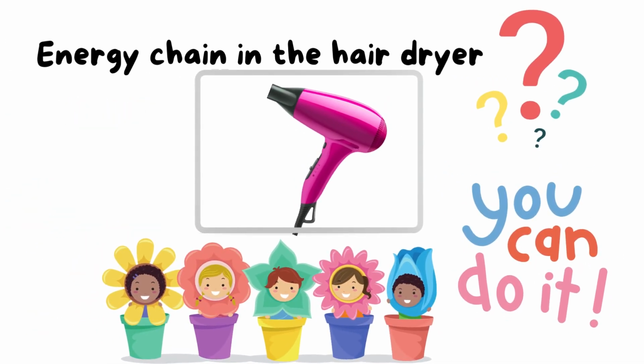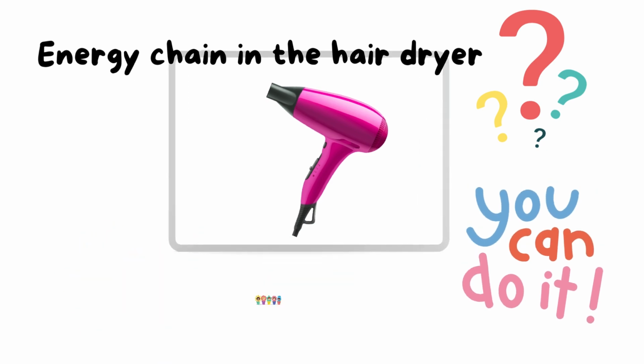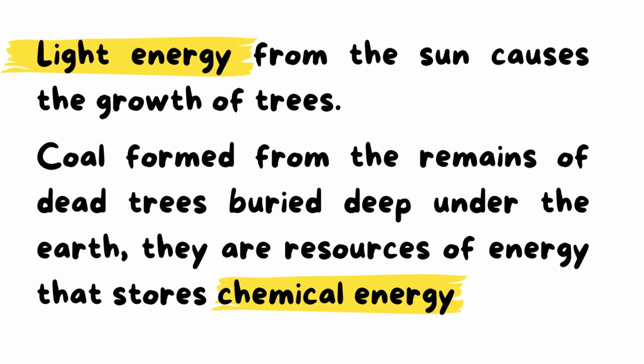Okay, so if we have a hair dryer, can you tell me the energy chain for this hair dryer, starting from the light energy? Yes, I know that you can do it. So light energy from the sun causes the growth of trees, and then the coal formed from the remains of dead trees buried deep under the earth. They are resources for what?